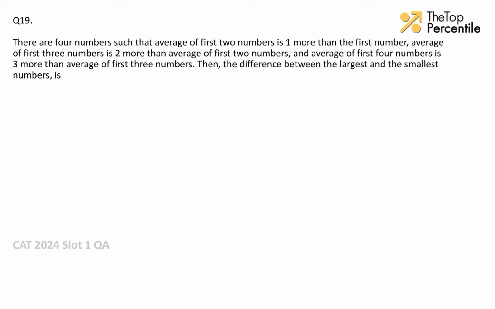So let the four numbers be A, B, C, and D. So it's given that the average of A plus B is one more than the first number. The average of first three numbers is two more than the average of first two numbers.